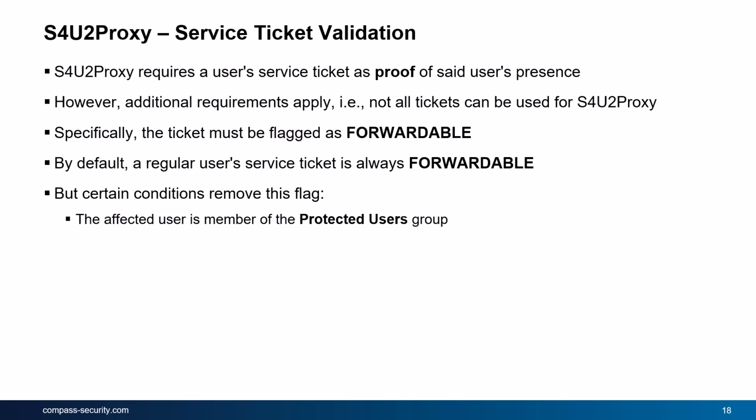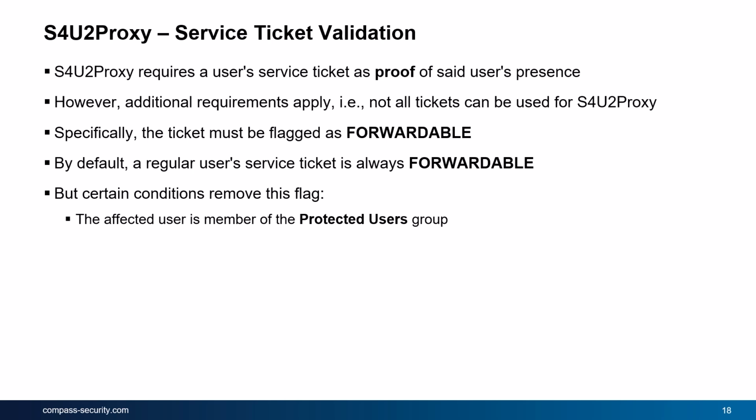First, there is the protected users group. We have already heard about this in the unconstrained delegation part of this series. The protected users group is a built-in feature in Windows Active Directory that can be used to add additional protection measures to a certain group of users.